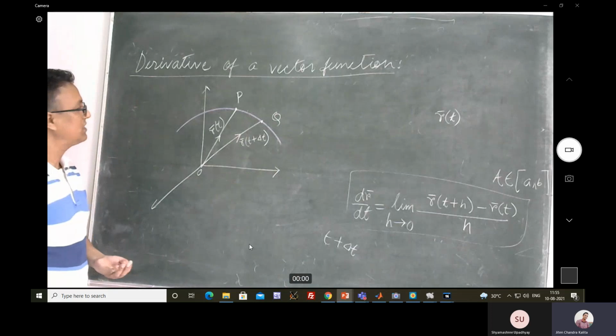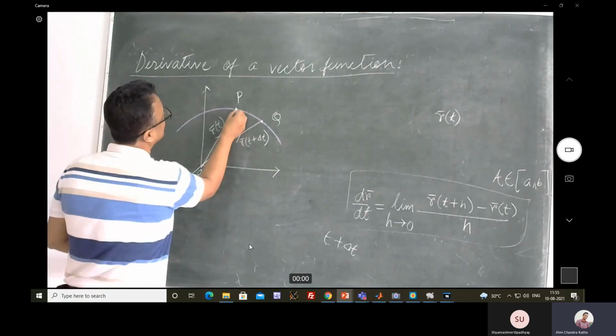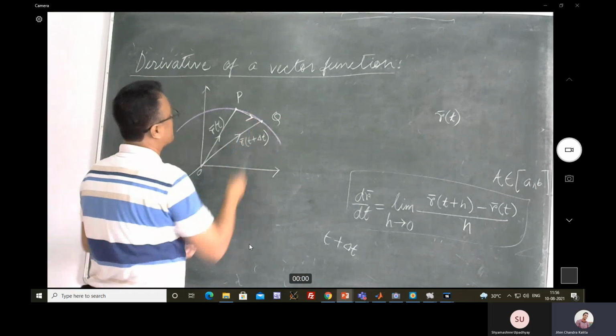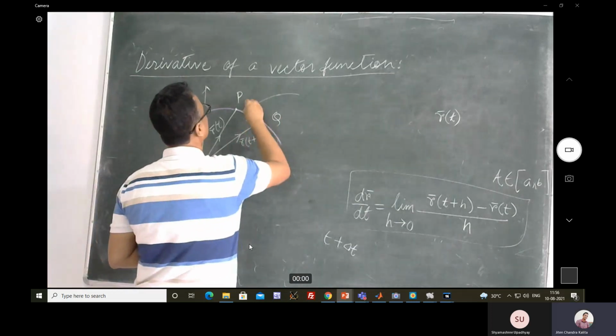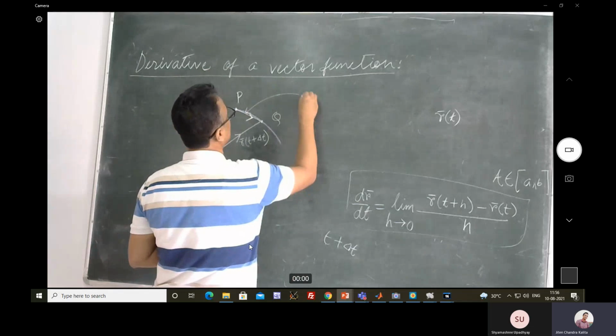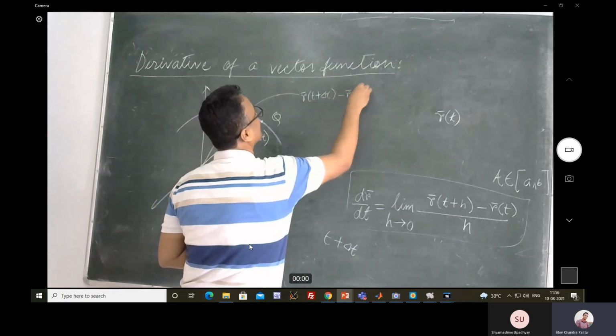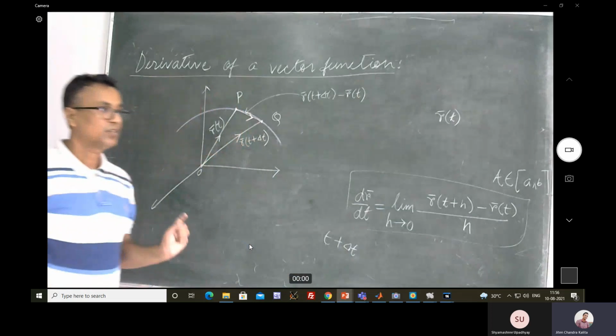Is it okay? Fine. So then this vector is nothing but r(t plus delta t) minus r(t). So far so good, right?